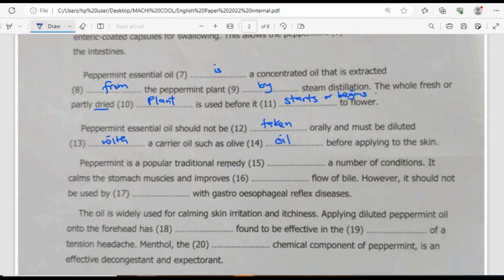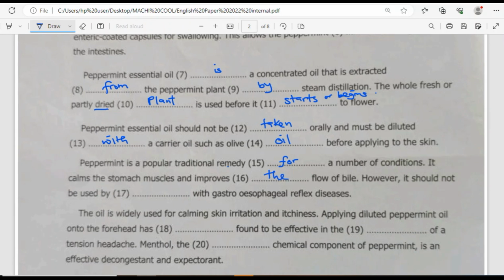If it is a remedy, what does it do? It calms the stomach muscles and improves the flow of bile. So the answer here is the flow.